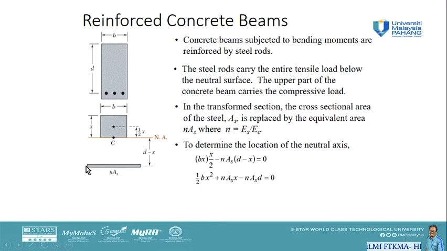Steel rod will usually be circular, so we are going to consider the radius of the steel rod. So this should be equal to 0, and it can also be written as half b x squared plus nA_s x minus nA_s d equal to 0.